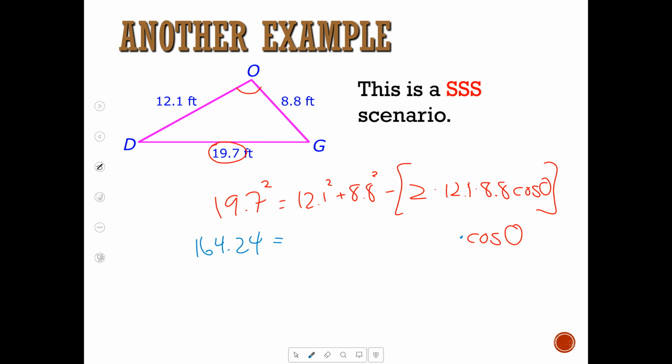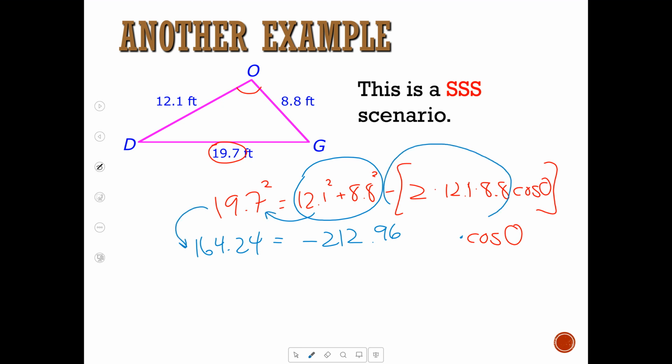Then I'm going to multiply negative 2 times 12.1 times 8.8, which is equal to negative 212.96 times the cosine of O. Okay, everybody with me? This stuff went over to there and gave me 164.24. This stuff multiplied together gave me that answer.